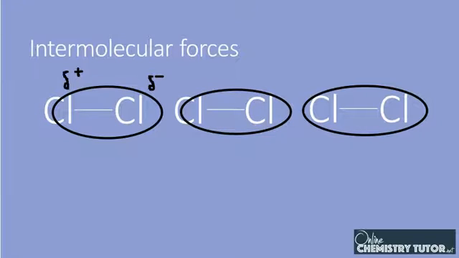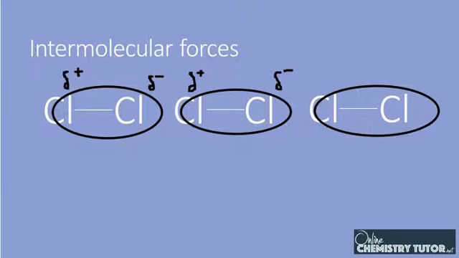So we have what we call a temporary dipole in the molecule on the left-hand side, and this will cause on the right-hand side a dipole to be created or induced. And this is why these particular intermolecular forces are known as temporary dipole-induced dipole forces. The molecule on the far right will also experience the same effect. Its electron density will also, for this fraction of a second, find itself being repelled. A fraction of a second later, the electron density on the molecule on the left will have shifted, and that will cause shifts in other molecules.